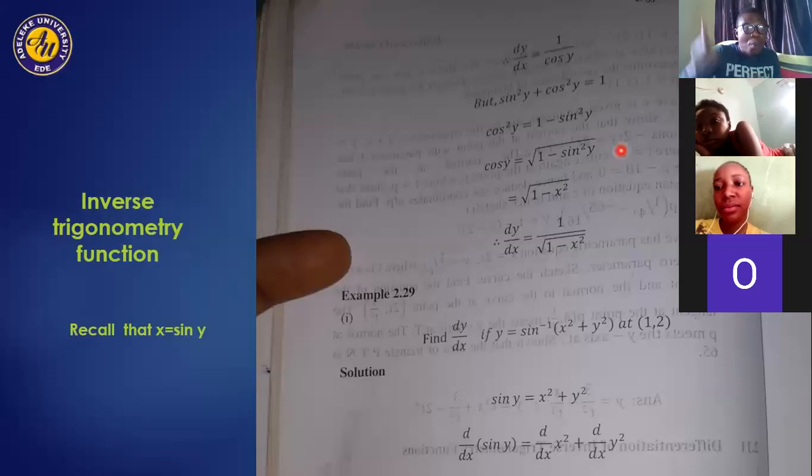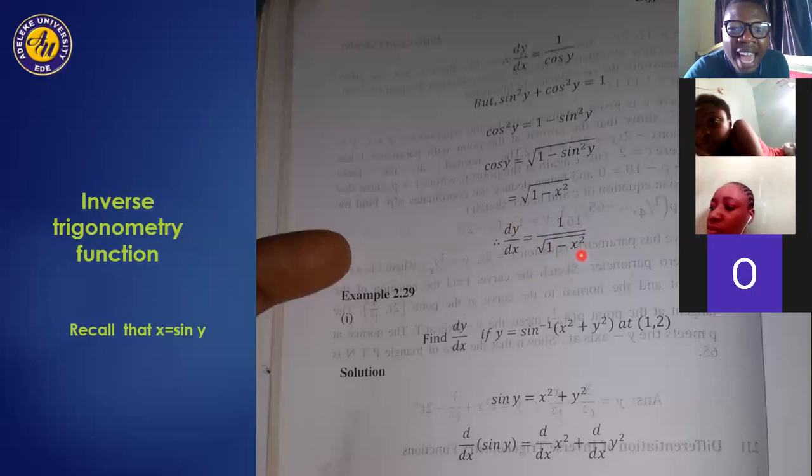Cos y is equal to the square root of 1 minus sine square y. You now understand? So that's why you now have dy/dx is equal to 1 over the square root of 1 minus x square. So you've been able to take away anything called what?